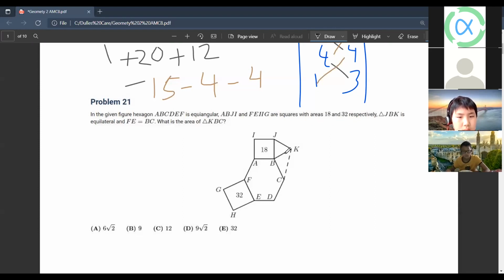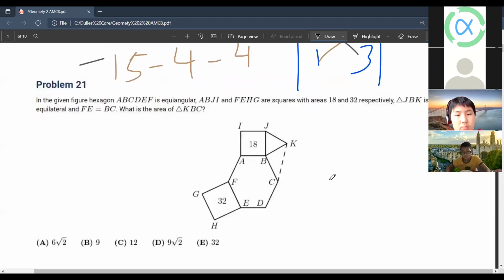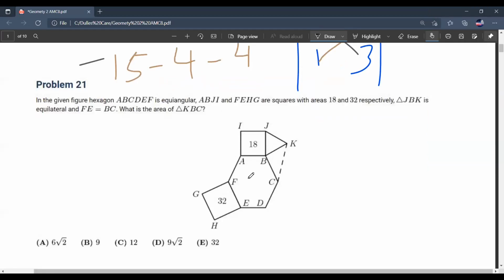We want to find the area of this triangle. So let's first establish some stuff. Yeah, so basically, Andrew is right. Equiangular means that all angles are equal, sides don't necessarily have to be equal. Like AB is not equal to FE because this is a square, this is also a square, and since this area is 18 and this area is 32, they have different side lengths.